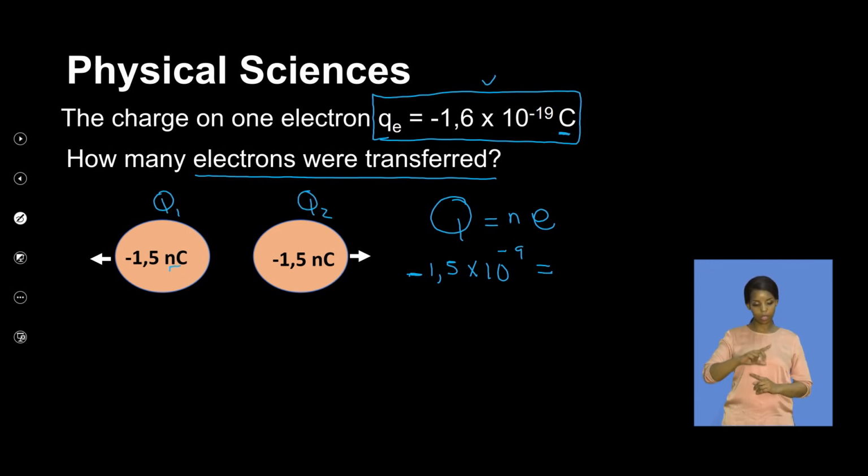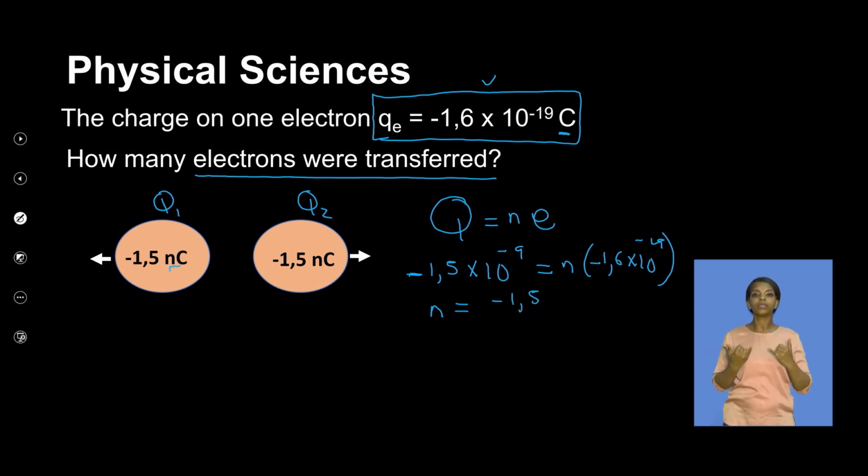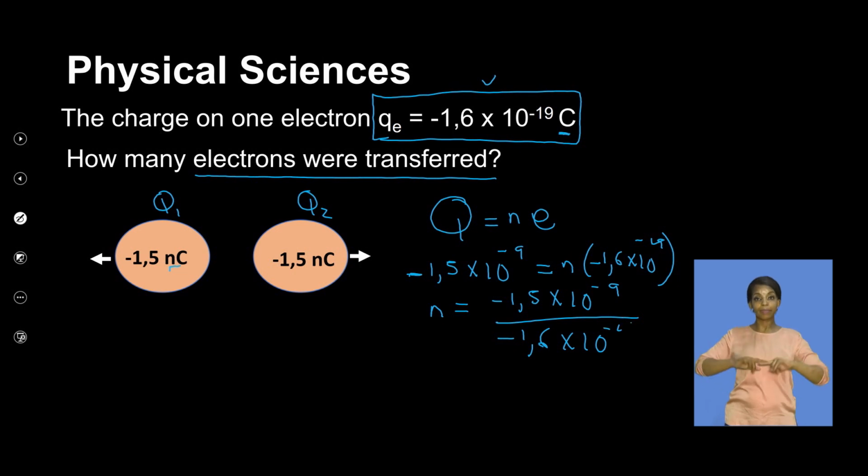We want the number of electrons, so this is multiplied by negative 1,6 times 10 exponent negative 19, right? To find the number of electrons transferred, we make that the subject, so we get negative 1,5 times 10 exponent negative 9 divided by negative 1,6 times 10 exponent negative 19, right?